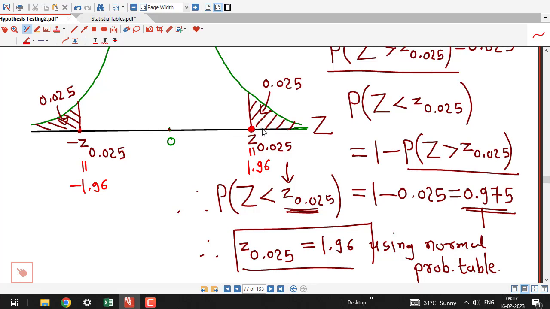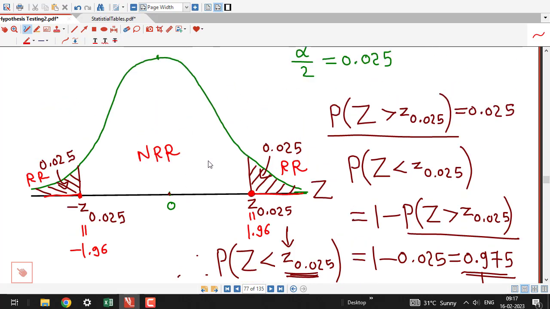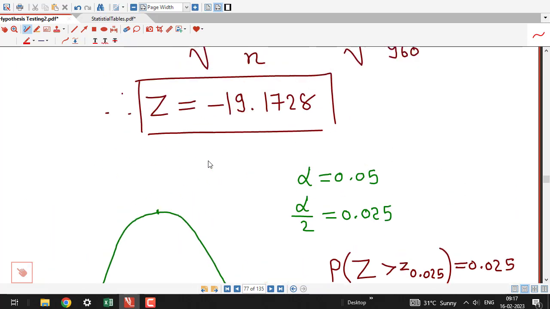If our calculated value is greater than this point or smaller than this point, then we are in the rejection region and we will reject the null hypothesis. And if the calculated value of the test statistic is in between these 2 points, then we are in the non-rejection region. So let's compare the calculated value of the test statistic with the critical values. If we round off up to 2 decimal places, we have minus 19.17, and what is the location of this point?